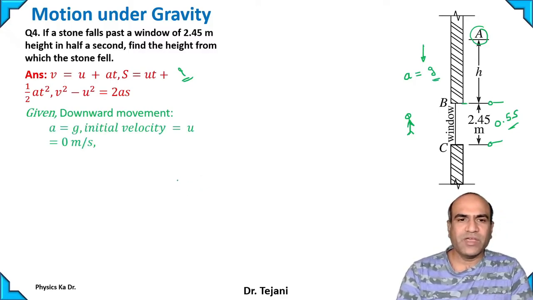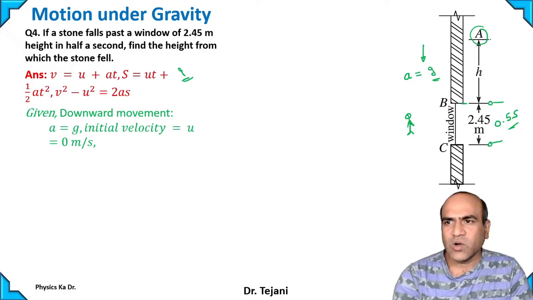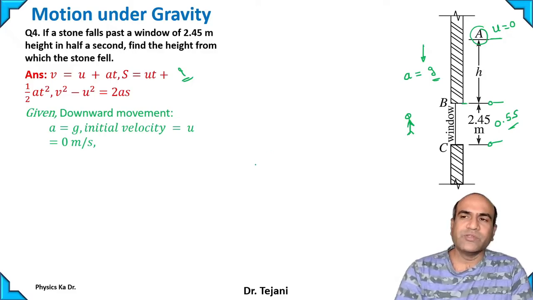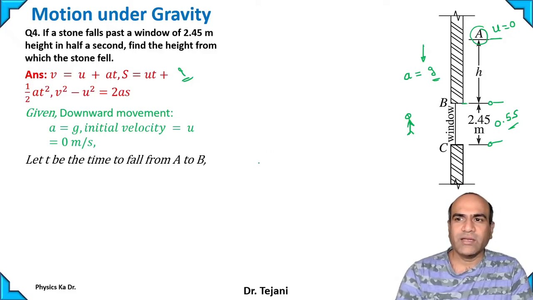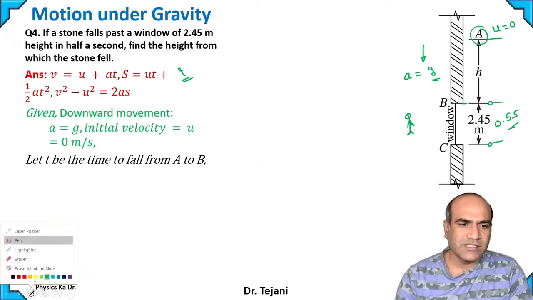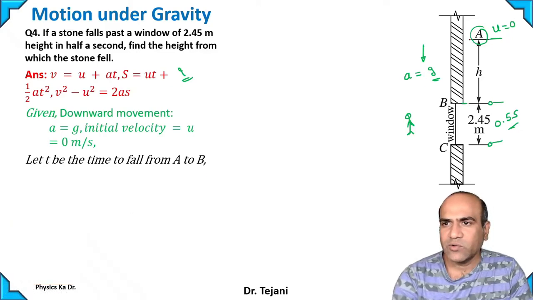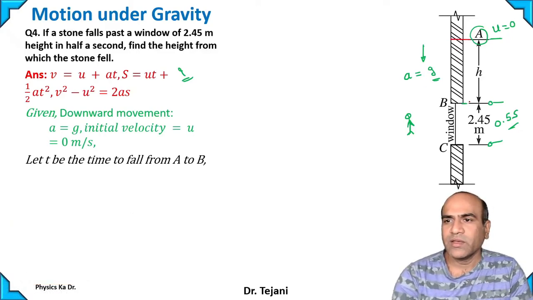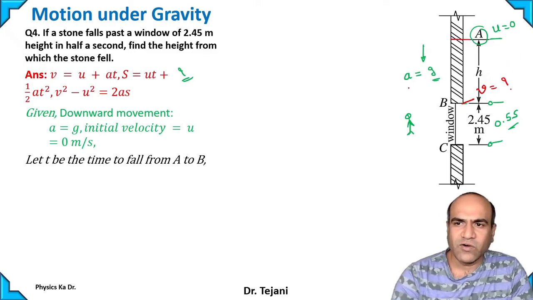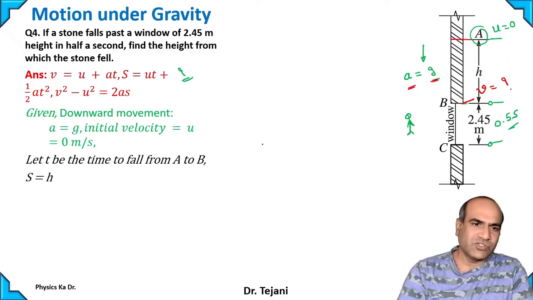So when the stone is moving from this position, it started somewhere with initial velocity u equal to 0, and let us first calculate the distance from A to B. At A, u is equal to 0, and when it reaches here we don't know the velocity, but it is taking height h. It is falling with gravity g.